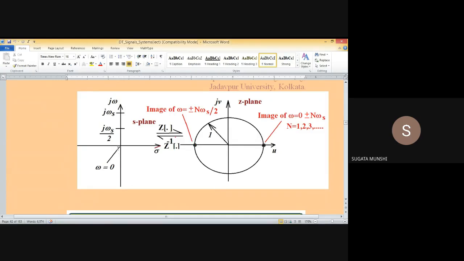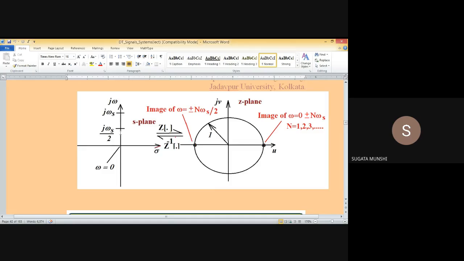Now suppose you are traveling upward. Then in what manner will the traversal take place along the circumference of this unit circle in the Z plane? As you travel from the origin upward, the value of omega will increase. Because you are along the j omega axis, magnitude of Z will always be 1.